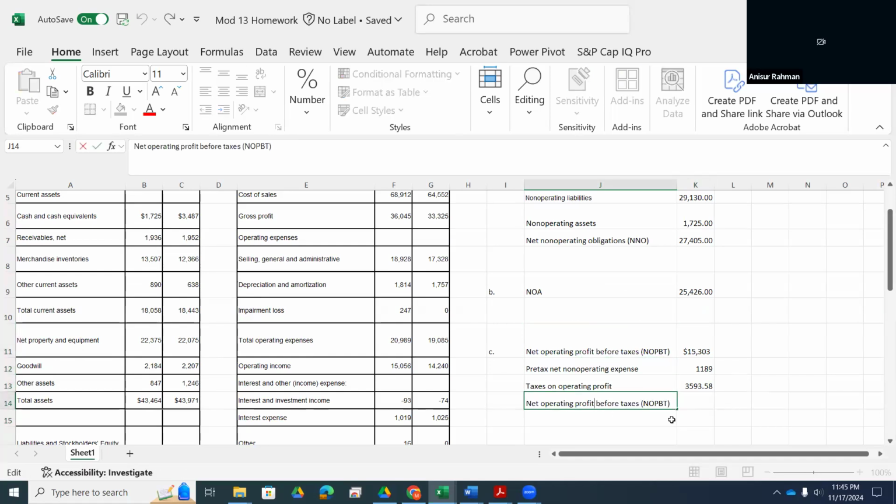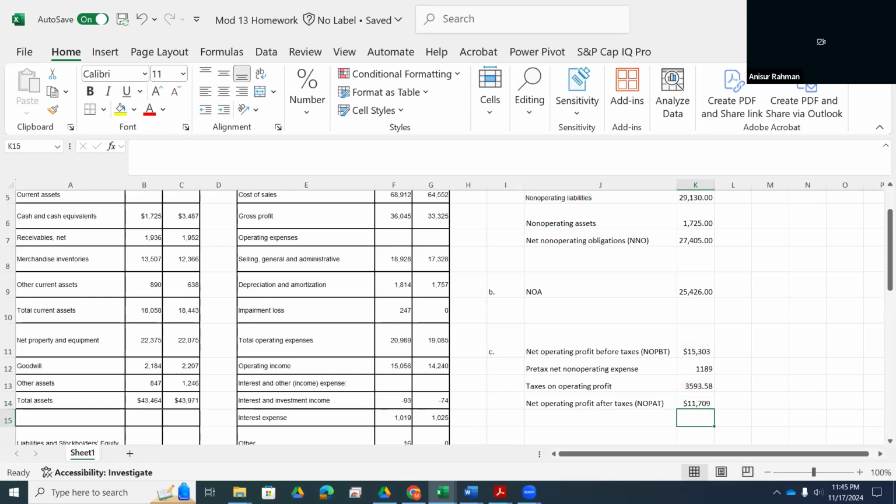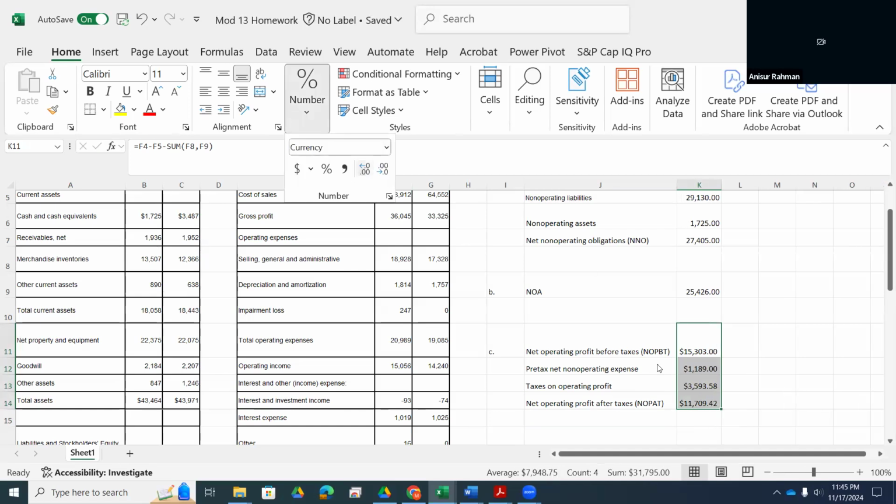So not before, after. So this will be just my net operating profit before taxes minus my taxes on operating profit. Okay, so I need 2 decimal places. So we are good so far.